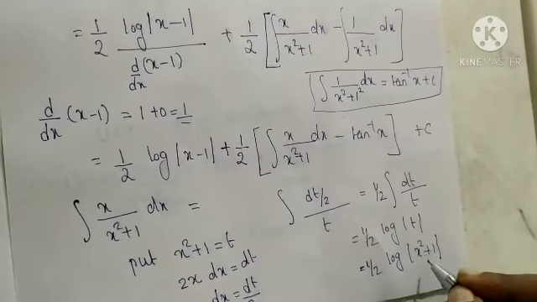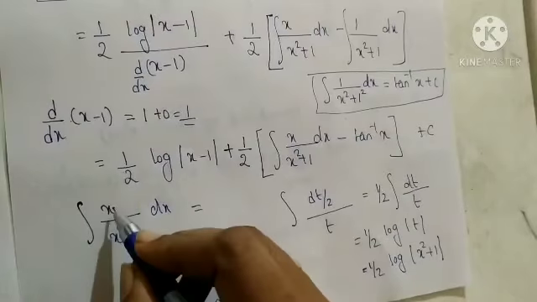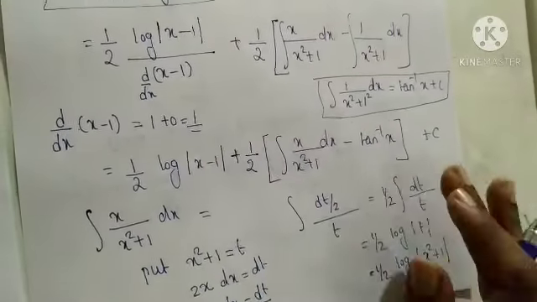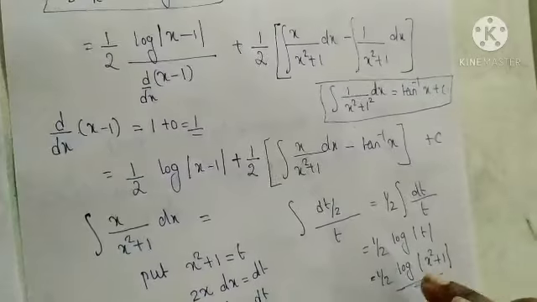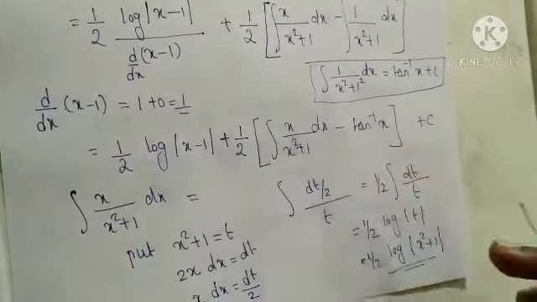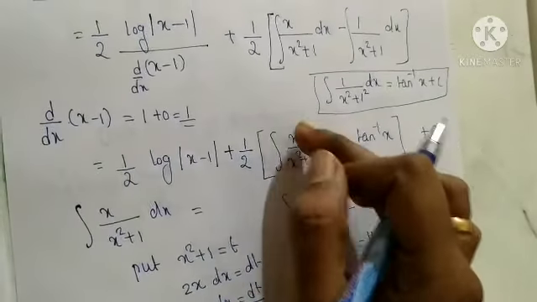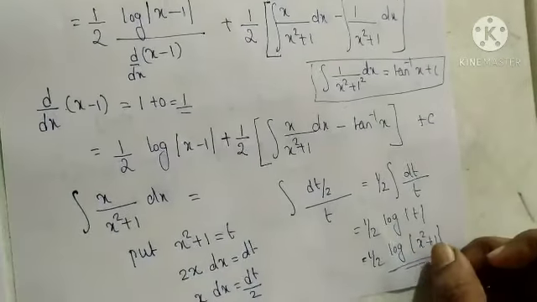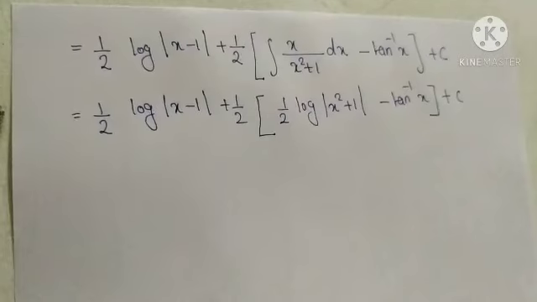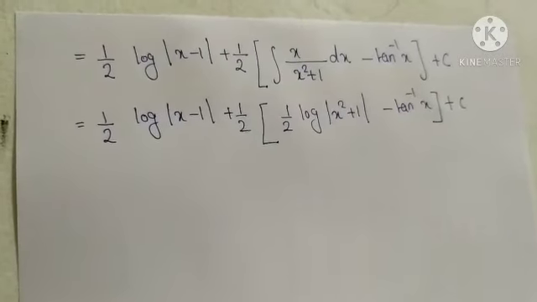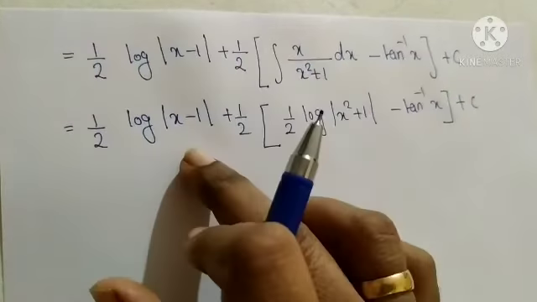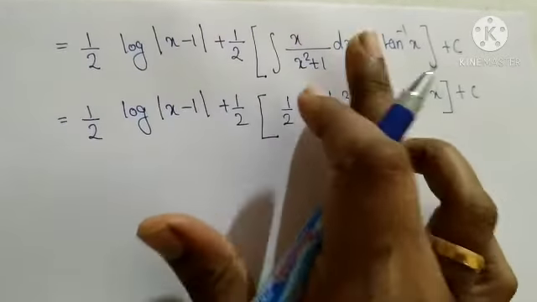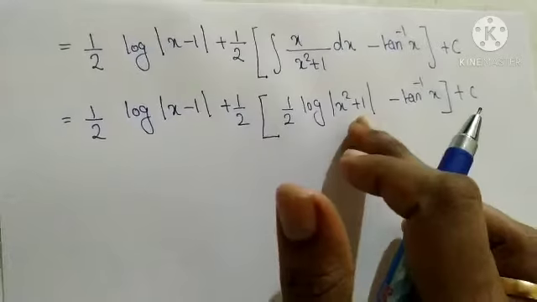So here is our answer for integral x divided by x square plus 1 dx. Okay, so in the next step I am going to replace the integral x divided by x square plus 1 dx by 1 by 2 log mod x square plus 1.